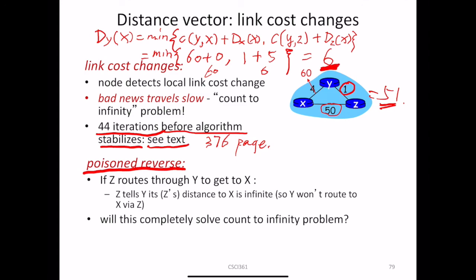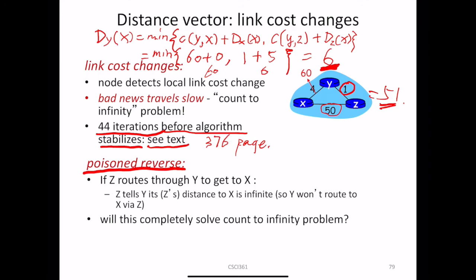However, here we have a question: will this completely solve the count to infinity problem? Unfortunately, the answer is no, because in most cases the loop involves more than 3 nodes. So you cannot suppose those nodes are directly connected with each other.